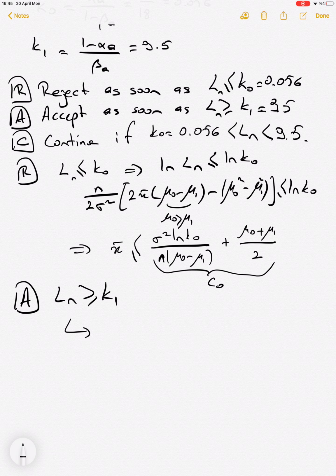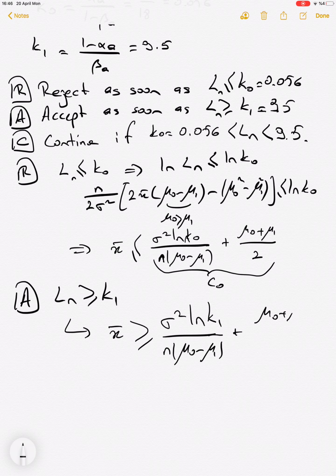So this means that basically we will have x bar greater than or equal to sigma squared ln k1 over n times mu0 minus mu1 plus mu0 plus mu1 over 2. Same thing, only change the direction, replace k0 by k1. Let's say this is our c1.